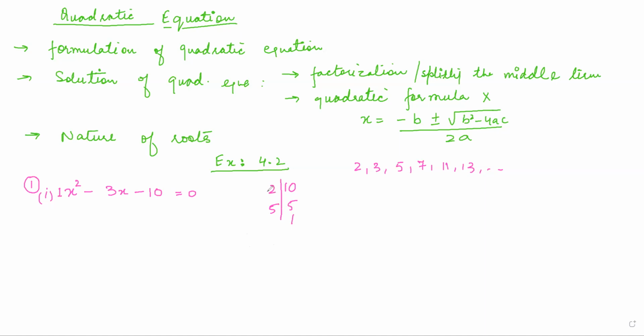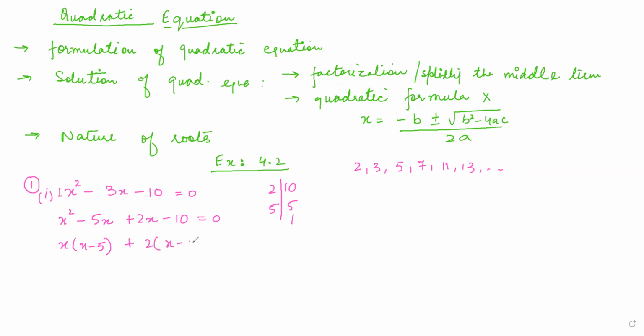So 5 minus 2 is 3, right? Yes. Because I want 3 in the middle, but I want minus 3. So I'll write 5 with a minus sign and 2 with a plus sign. So ultimately I get minus 3x, right? And then minus 10 is equal to 0. So then from the first term, take x common. So x minus 5. Then from here, take 2 common.